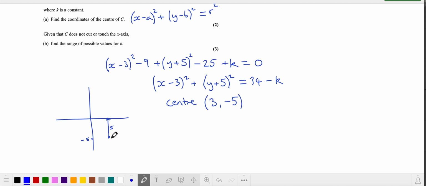So the radius can't be any bigger than 5. It can't be exactly 5 either, because it would touch the x-axis, and it doesn't touch. So the radius is less than 5, which means that the radius squared is less than 25.